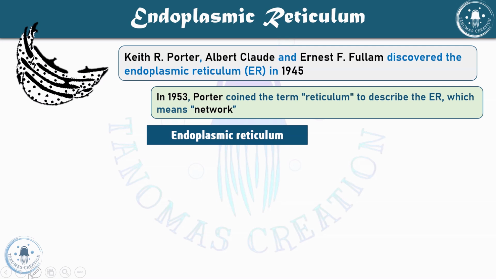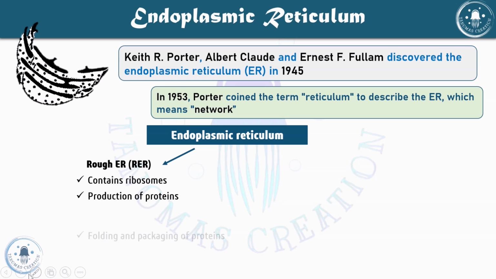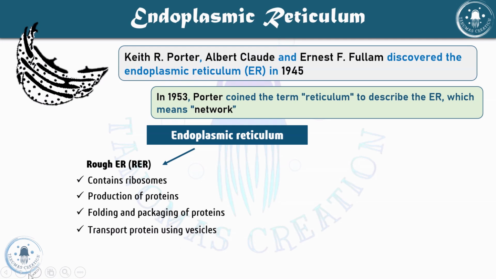Now coming to the basic functions of the endoplasmic reticulum. We know that ER is divided into two: RER, rough ER, and smooth ER. So rough ER, what does it do? It contains ribosomes, obviously. Because it contains ribosomes, it helps in the production of proteins. It also helps in folding and packaging of proteins and transports proteins using vesicles. Where does it transport?